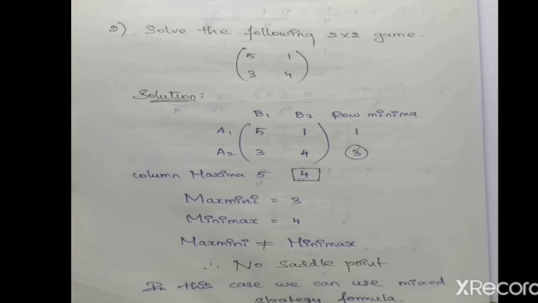So we have to come to the mixed strategy formula. We substitute the values of A11, A12, A21, A22. The lambda value is (A11 plus A22) minus (A12 plus A21). So 5 plus 4 minus of 1 plus 3, so 9 minus 4 is equal to 5. So lambda value will be 5.